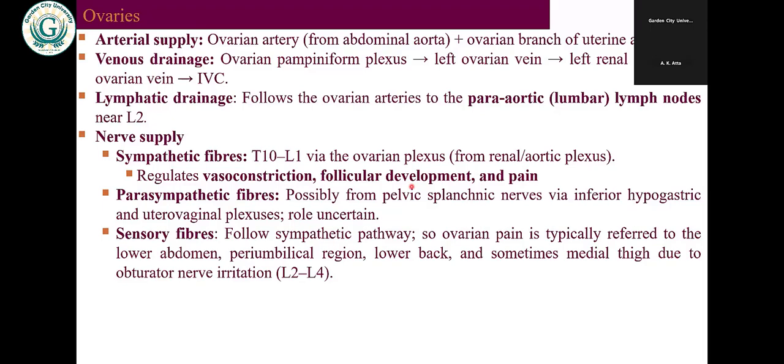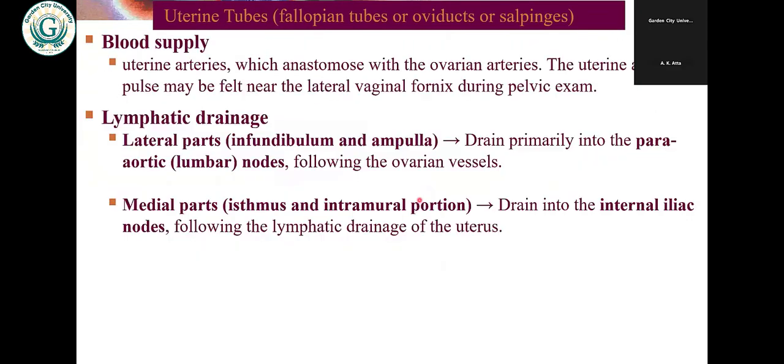So pain coming from the ovary will travel along the sympathetic pathway. The parasympathetic innervation, its role is not clear. So that's all we have to know about the ovary.